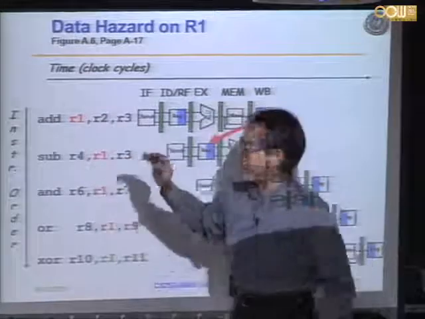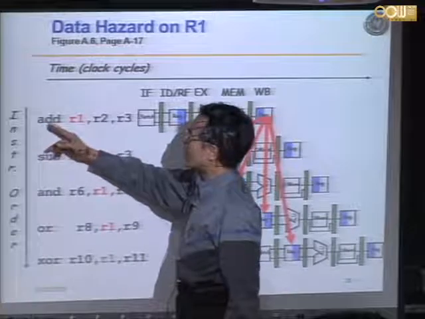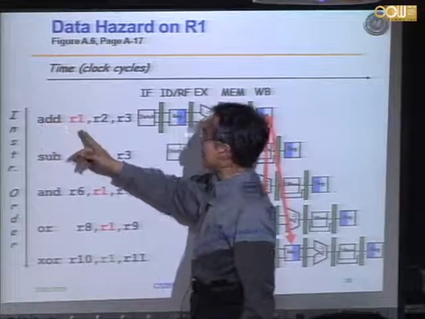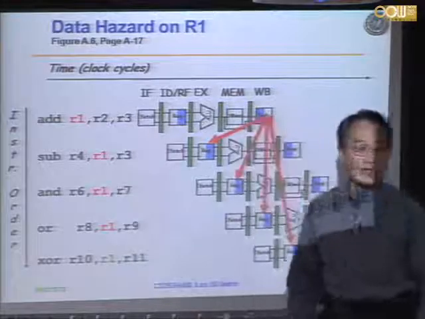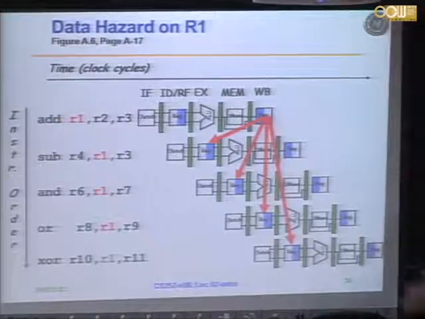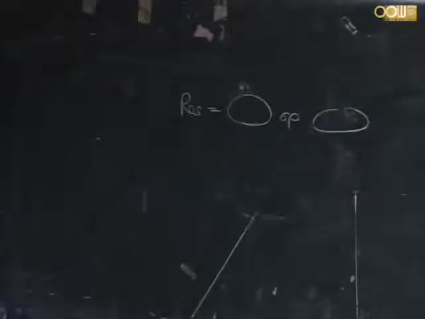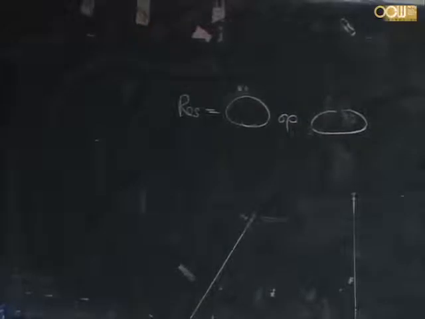The format is in machine encoding. It could be different, but for the assembly, it's opcode, or I should say operation, destination, source. We use this order to resemble the mathematical equation: result is equal to source 1 op source 2.